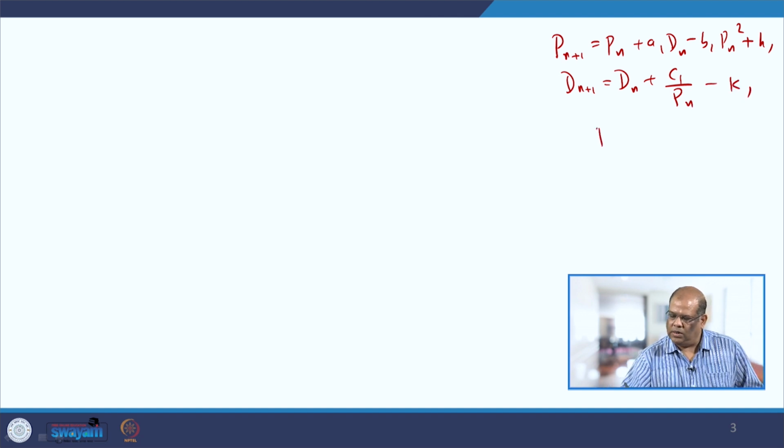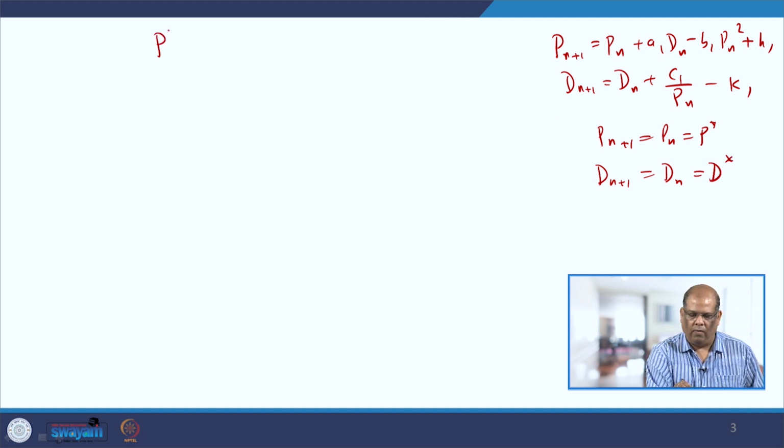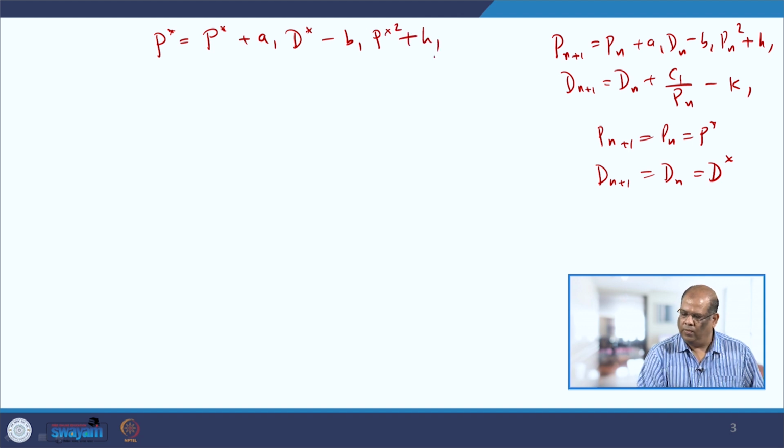I will replace Pn plus 1 and Pn by P star, and Dn plus 1 and Dn by D star. If I do that, I get P star equals P star plus A1 D star minus B1 P star square plus H1, and D star equals D star plus C1 by P star minus K1.